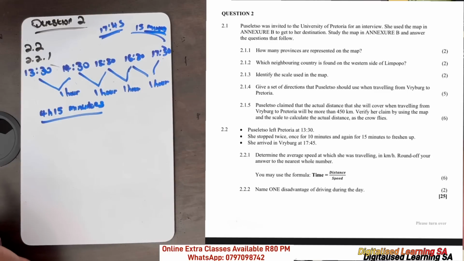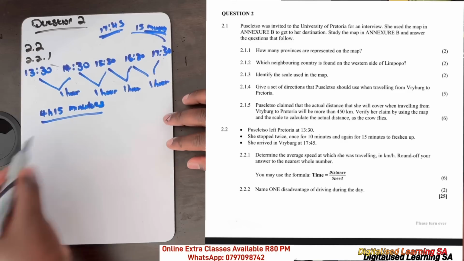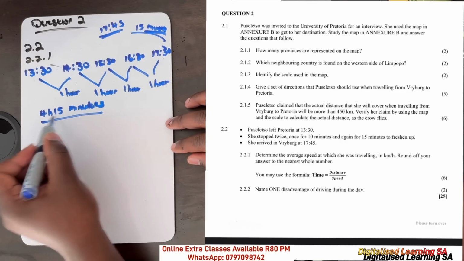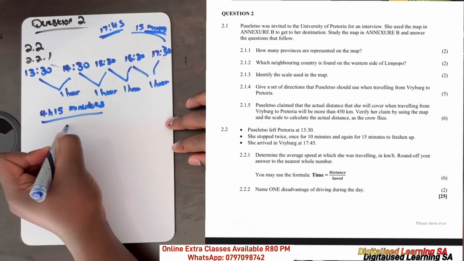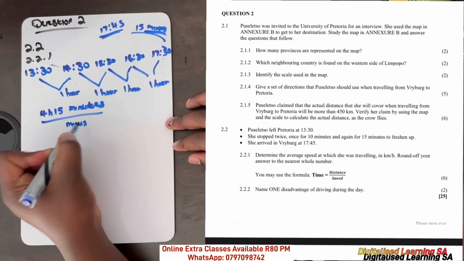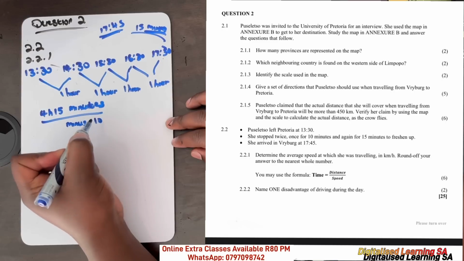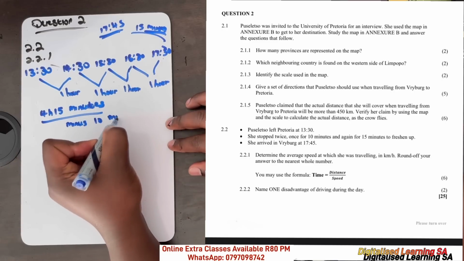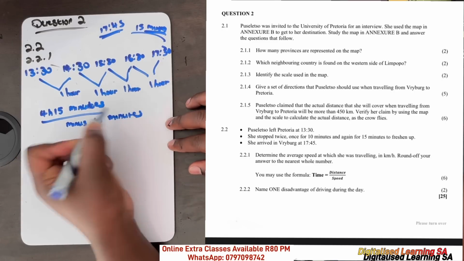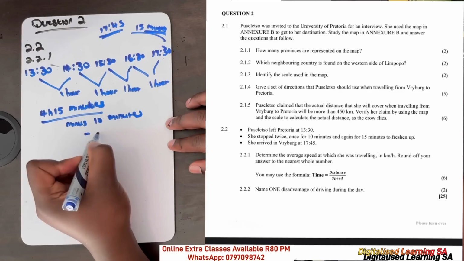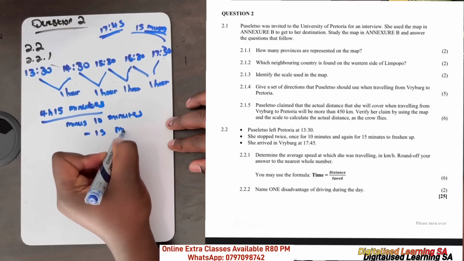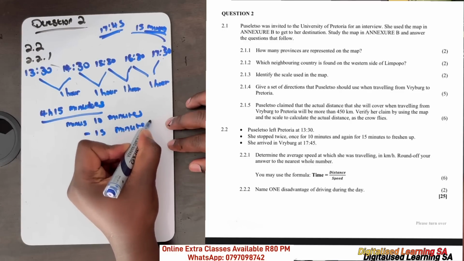But we are told that she stopped twice, once for 10 minutes and again for 15 minutes, meaning that from the 4 hours 15 minutes, we need to subtract the 10 minutes and another 15 minutes.